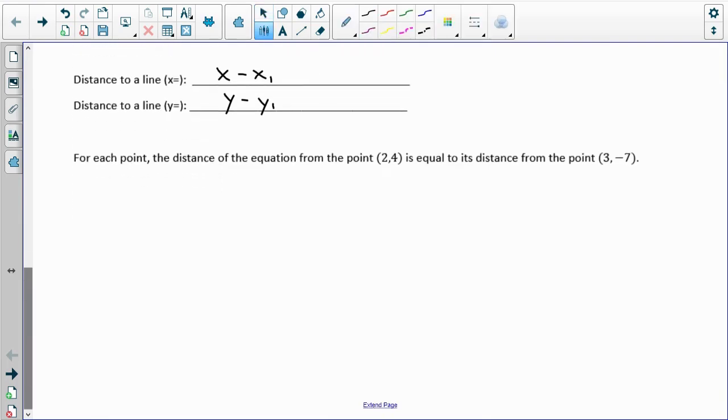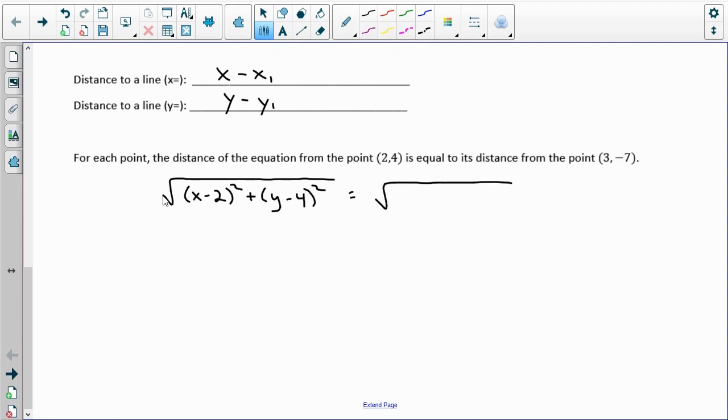Problem 1. For each point on an equation, the distance of the equation from the point 2, 4 is equal to the distance from another point 3, 7. So the square root of x minus 2 squared plus y minus 4 squared equals the square root of x minus 3 squared plus y plus 7 squared.